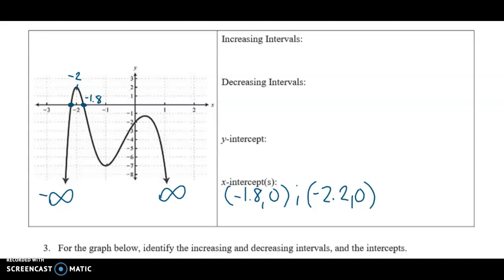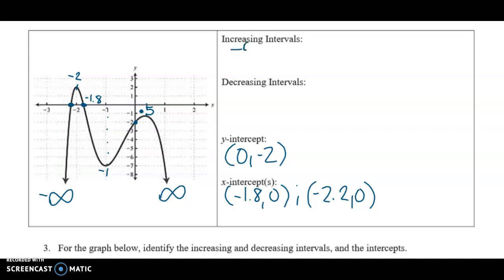Another turning point. Looks like x is -1 when I follow it up. I have a y-intercept. I'll go ahead and write that down. And another turning point here. I'd say that's probably about a 0.5. Seems like a reasonable estimate. And I am ready to go. So starting on the left, I can see that I am increasing.